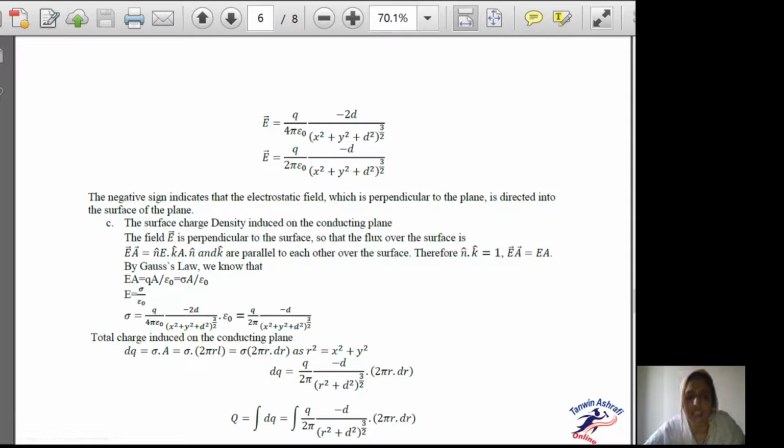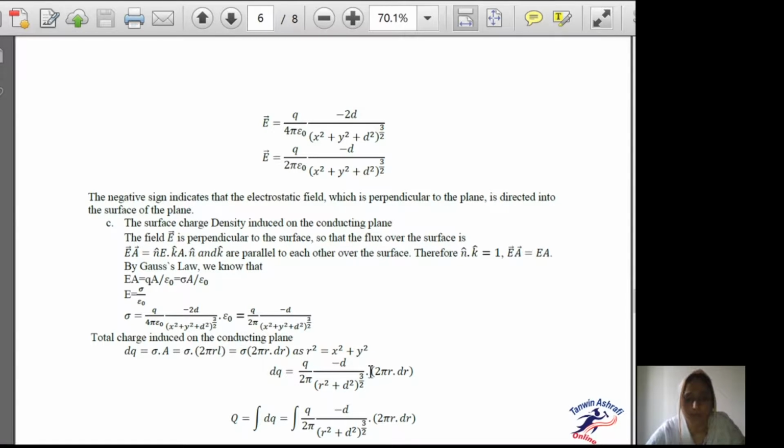Now, the charge density is sigma, since the conducting plate is in the xy plane, and the area element is 2 pi R dR, where R square is x square plus y square, and dR is the change with respect to the plane. We have an equation for sigma.